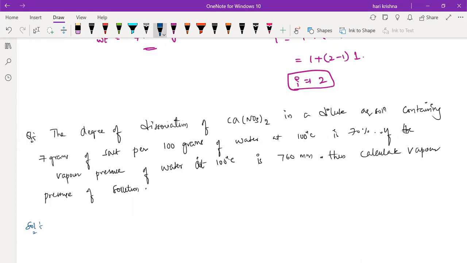You have to solve this sum. That is homework for you today.